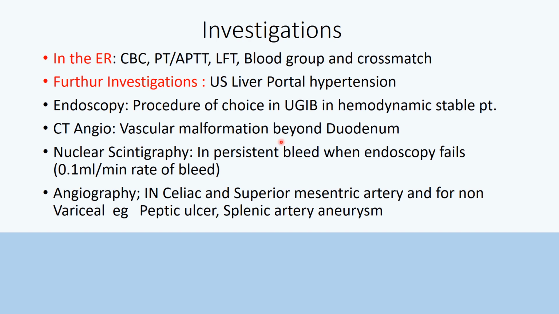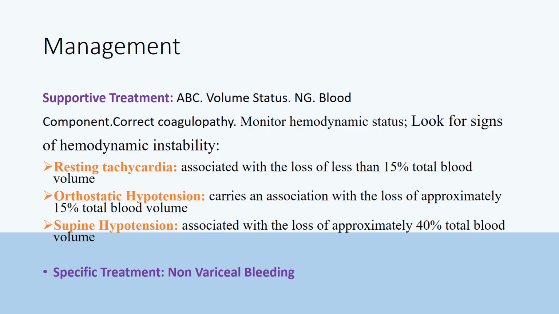Nuclear scintigraphy is where a radioactive substance is injected and it traces the site of bleeding. Again, the limitation is you have to have at least 0.1 ml per minute of bleeding. Angiography, superior mesenteric artery angiography, helps in deciding the vessel from where the bleeding is taking place.